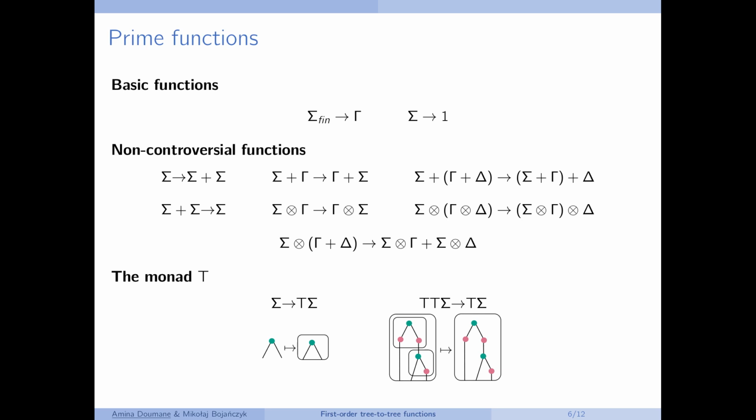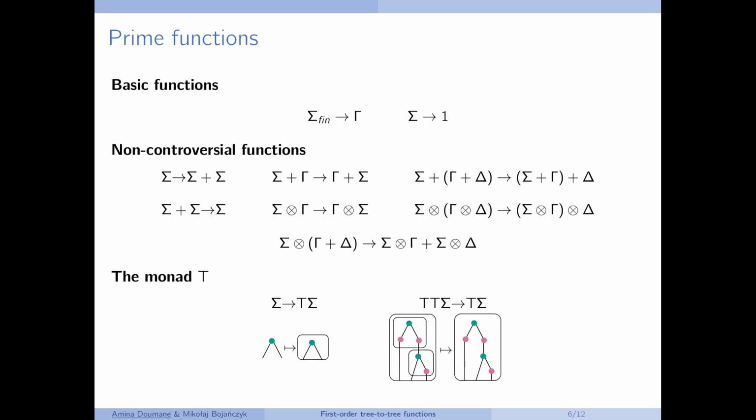The first one is basic functions. It contains all arity preserving functions with finite domain, and functions of this type, which are arity preserving. And this function maps each element of sigma to the unique element of 1, having the same arity.